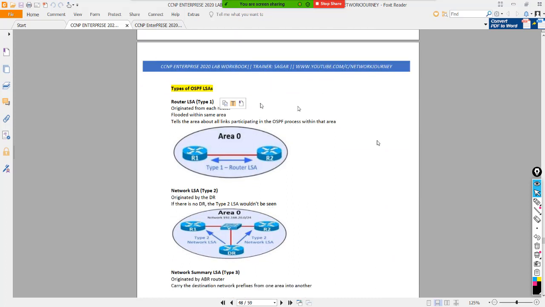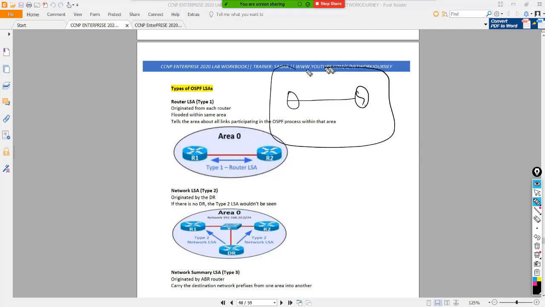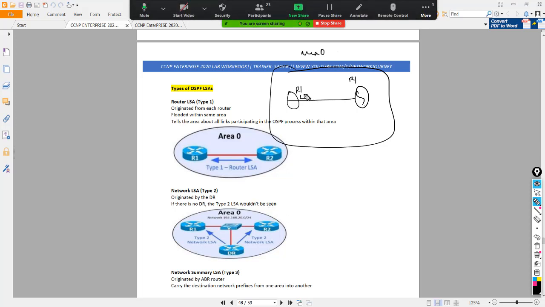Now we need to know what these things are doing in reality. Let's say I have two routers inside area 0. As I told you, when there are only two routers, they form the initial neighborship. Once the neighborship and the adjacency are formed, they are going to send the LSA packets.